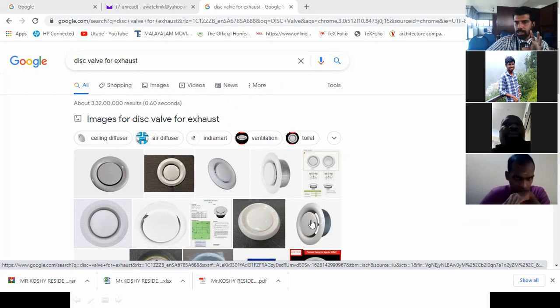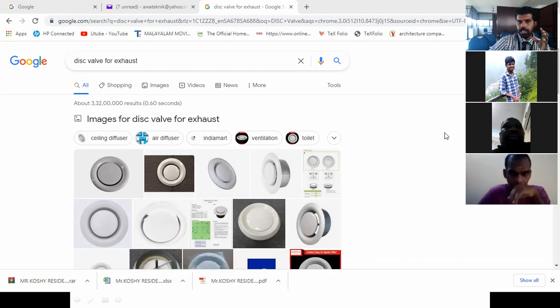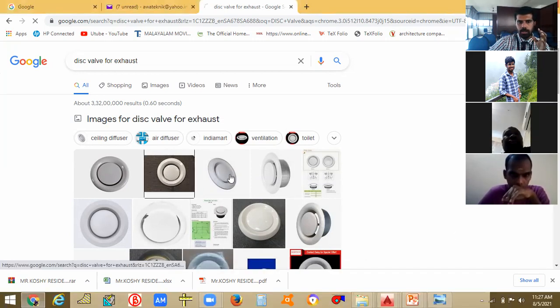You can adjust its spindle, bring it down or up according to the air speed that you want or the quantity that you need to put out. Through this side opening, the air will be sucked, and the end of this is fixed to the duct. The air will pass through the duct and you can exhaust it out. This is known as disc valve.